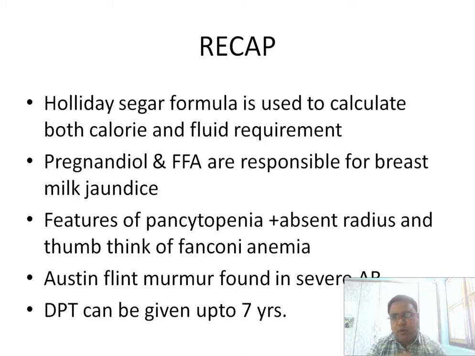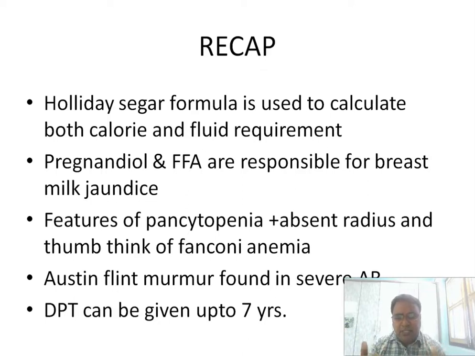Then to recap what we have discussed today. Holliday-Segar formula is used to calculate both calorie and fluid. Fluid as per the present weight, but calorie as per the expected weight. That is important. Pregnanediol and free fatty acid are responsible for breast milk jaundice. Features suggestive of pancytopenia in a child with absent radius and thumb, think of Fanconi anemia. Austin Flint murmur found in severe AR.